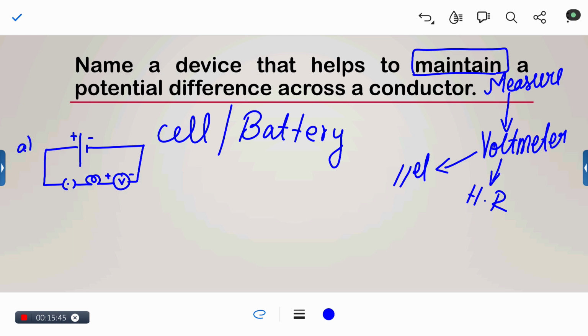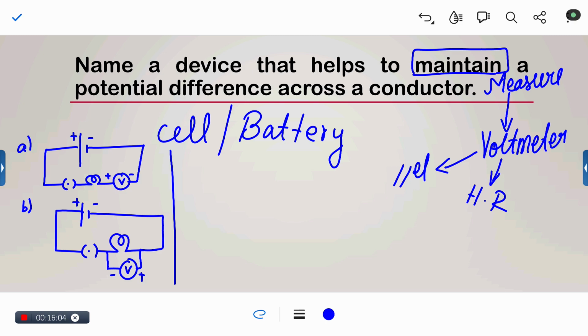Let's take this as option A. So out of these given three options, which one is correct?